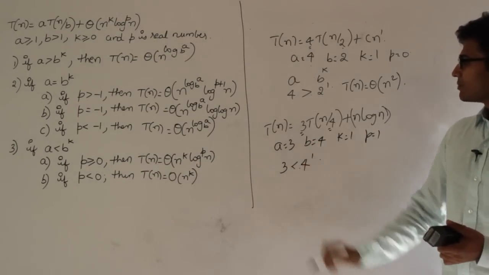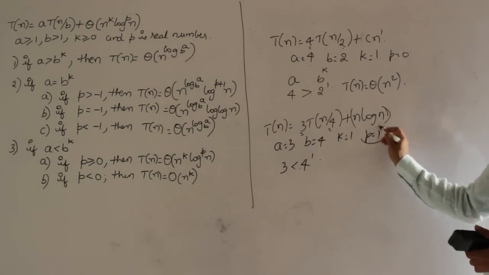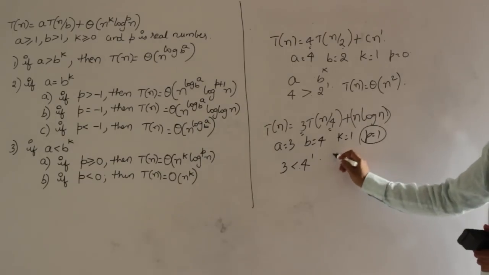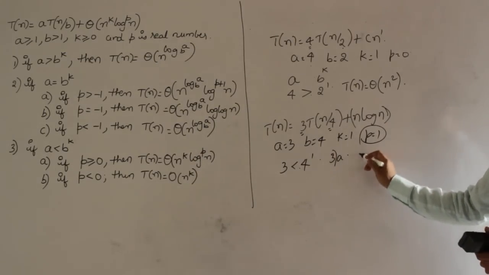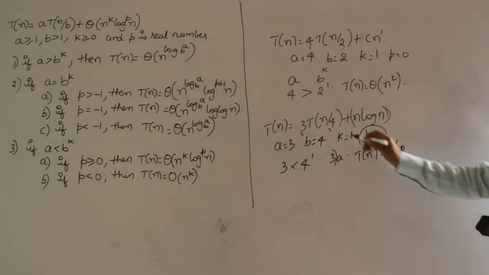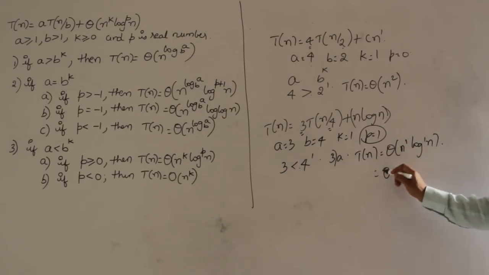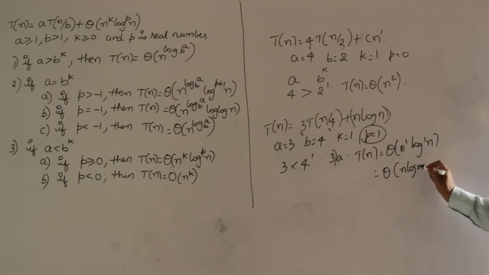So a is less than b^k. So what is the condition? Third condition. And p = 1, which means p is greater than or equal to 0. Therefore the condition is 3a. So in the condition 3a, what is T(n)? T(n) = Θ(n^k log^p n). So n^k log^p n is n^1 times log n, which is nothing but Θ(n log n). Okay.